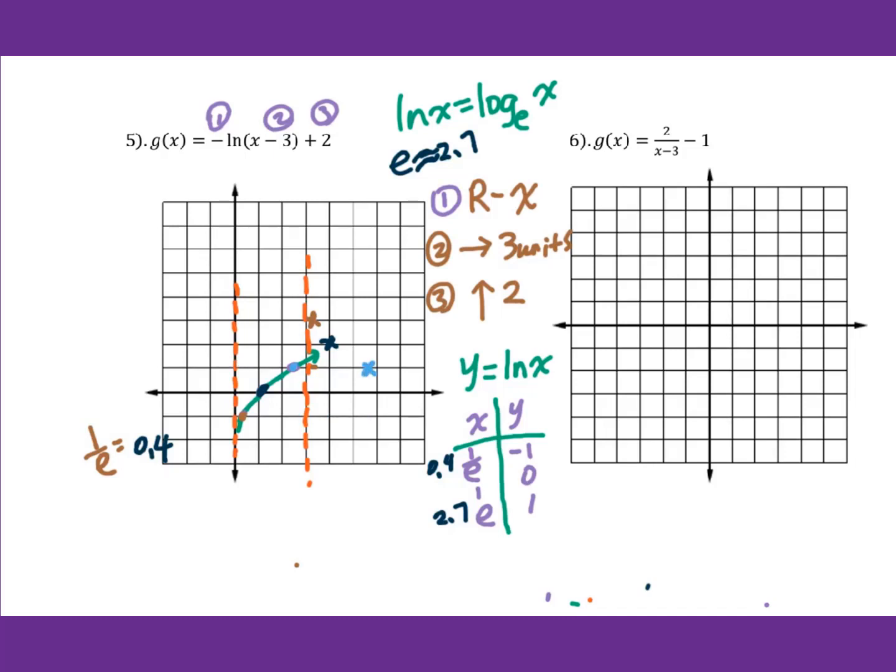We need to connect these 3 points. Very close to this asymptote line, but never cross. That will be your graph.